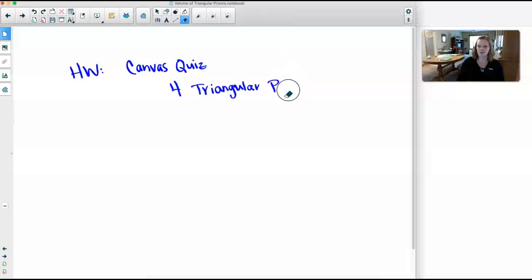So finding the volume of 4 different triangular prisms. Okay, you should be keeping track of your work in a notebook or your binder of some sort so you have something to look back at. When we get to the test on this unit, I will be asking you to submit some problems with your work shown. So you need to know how to show your work.